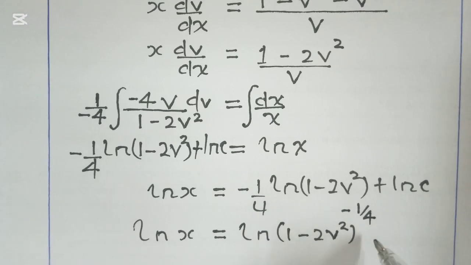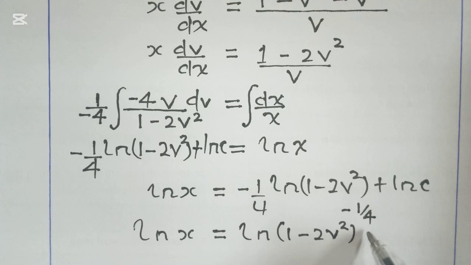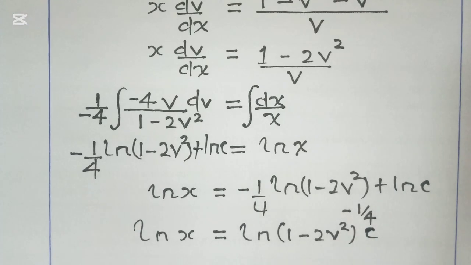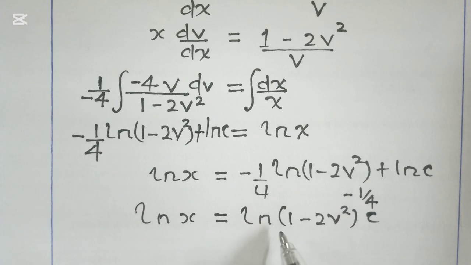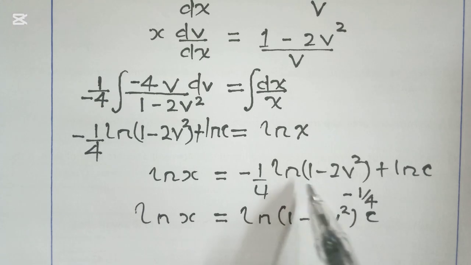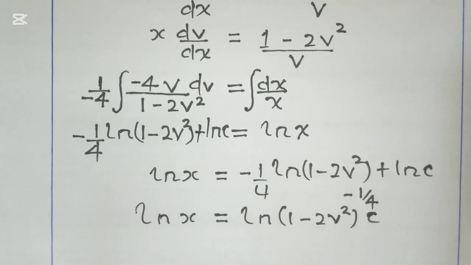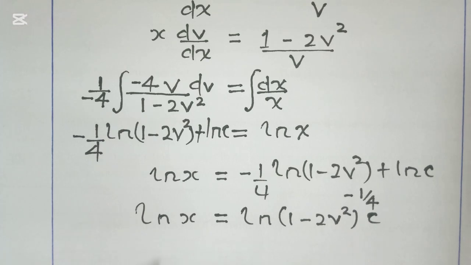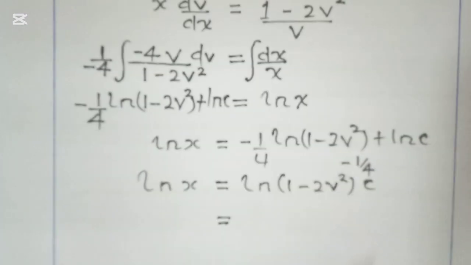Then I can also combine with c, because the law of logarithms says that when you multiply, it's the same as adding the logs. So from there we can now do away with the log.